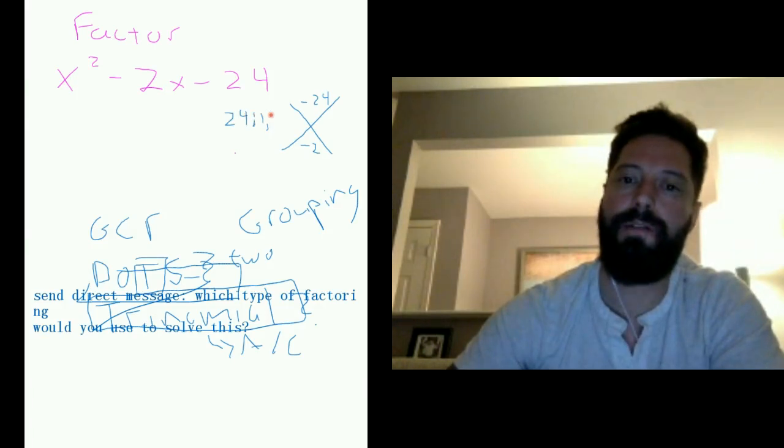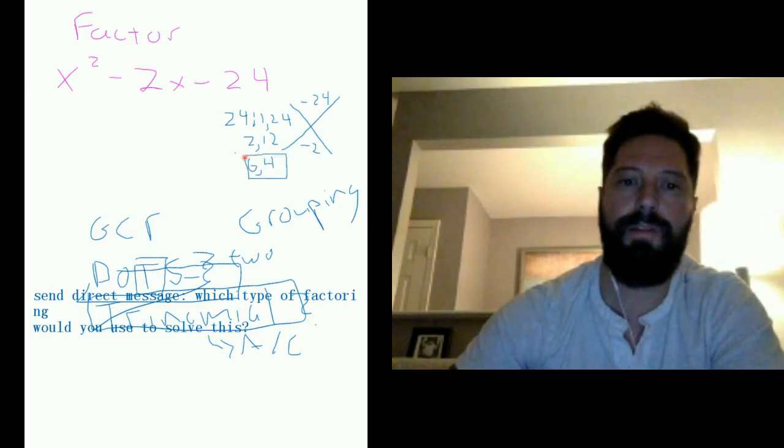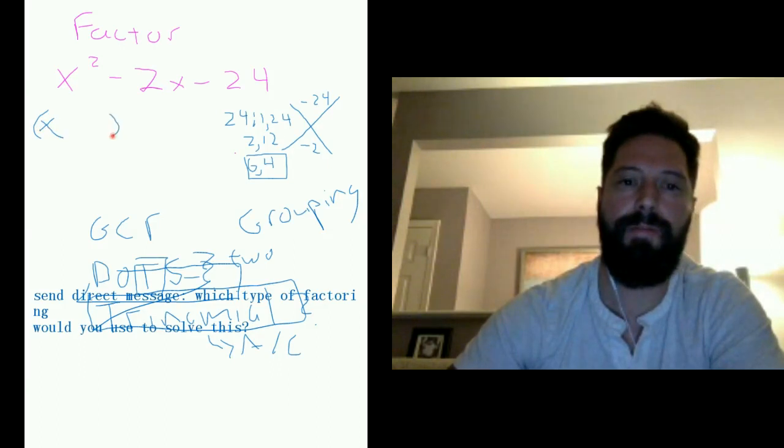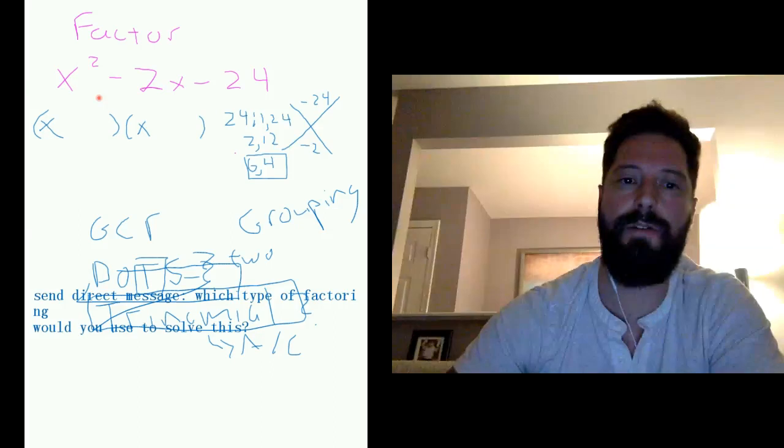This is going to be it, 6 and 4. Let's see, we draw the bubbles. We drop down the sign. We multiply these signs. And it is a minus 2x, so this is going to be a minus 6 here, and a positive 4, and you're done.